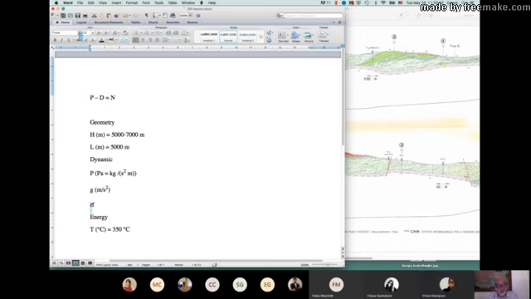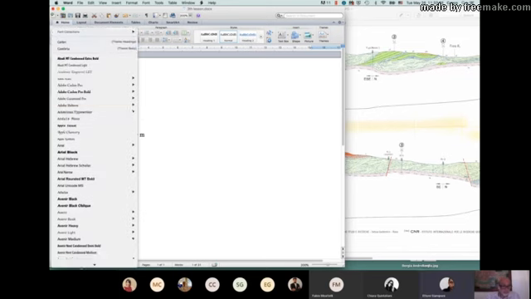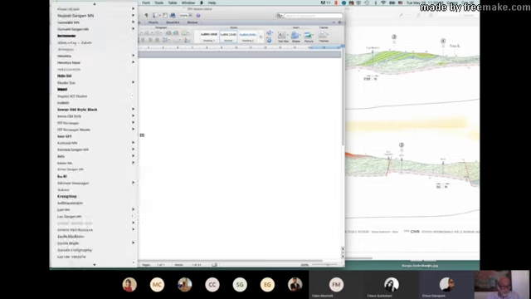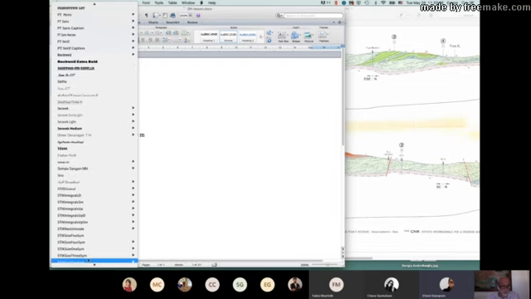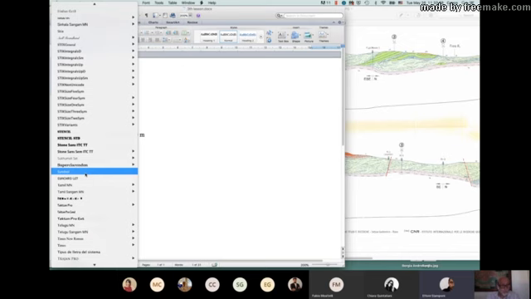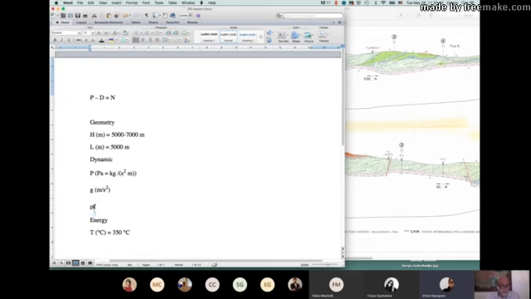Density of the fluid, what are the units of measurement of density? Kilograms divided by meter cubed.